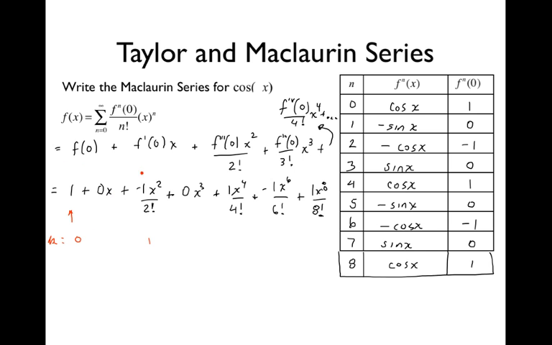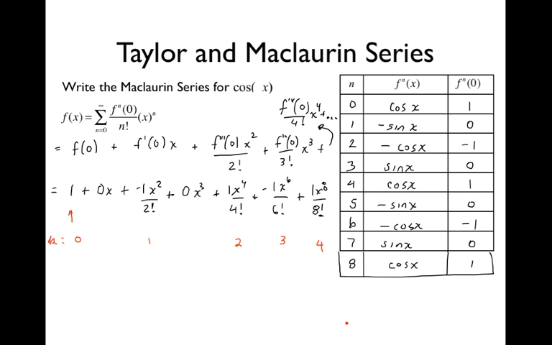We don't want to have these skipped terms. We want to rewrite cosine as a summation without a 0 term at every other value of the index. So when k equals 0, we want to get 1. When k equals 1, we want this term. When k equals 2, this term. When k equals 3, etc.